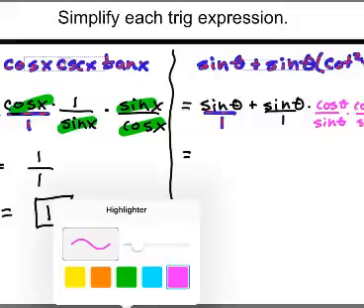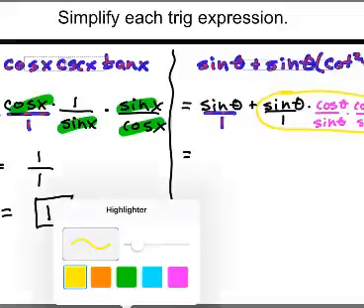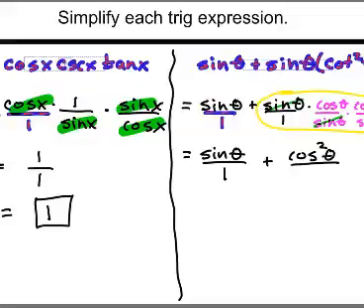So when I'm crossing off top to bottom, you guys, I can only cross off top to bottom within that. So it looks like a sine over sine crosses off, and that's about it. So I'm left with sine, I'm just going to keep it over 1, plus cos times cos is cosine squared over sine. Okay, so that doesn't look very simple.